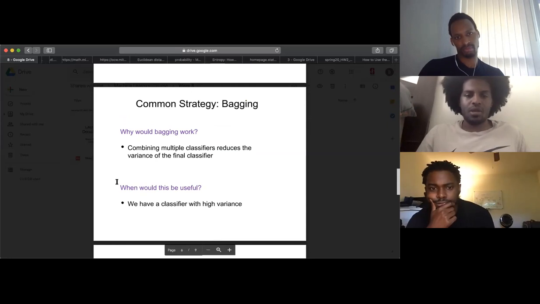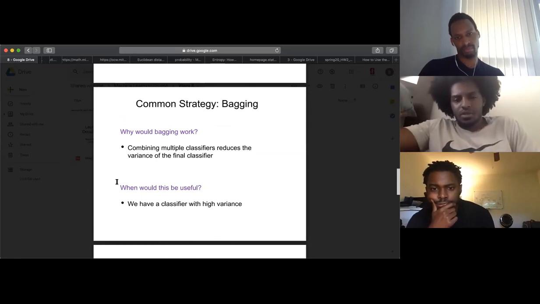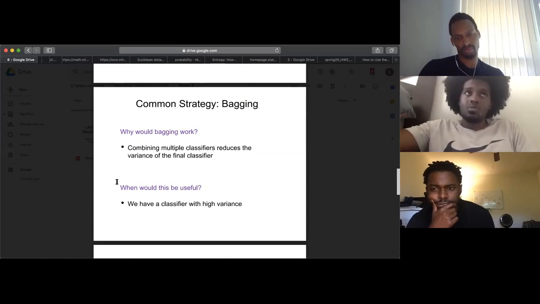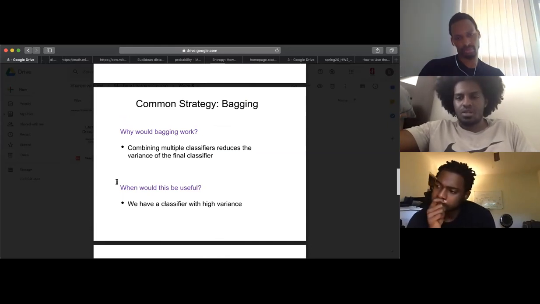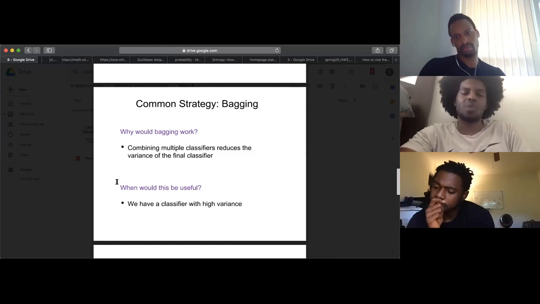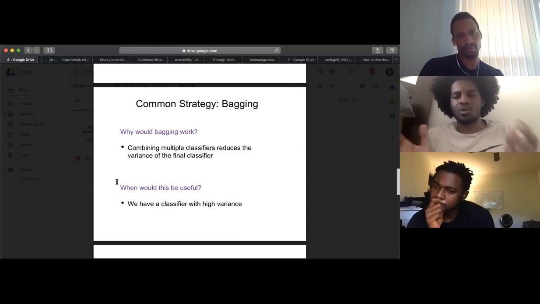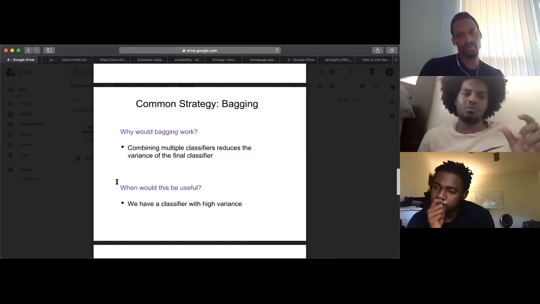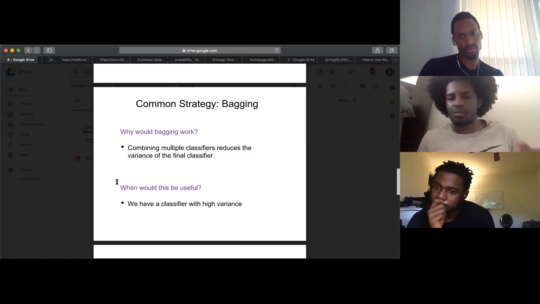So bagging, why does bagging work? You're combining multiple classifiers to reduce the variance of the final classifier. So you're effectively reducing the number of features, but you're combining them to get the outputs. I can see why this works: you can make a decision tree off of 5 features, or you can make 3 or 4 decision trees where you have F of 1 and F of 2, and the others are random subsets of the original sample.